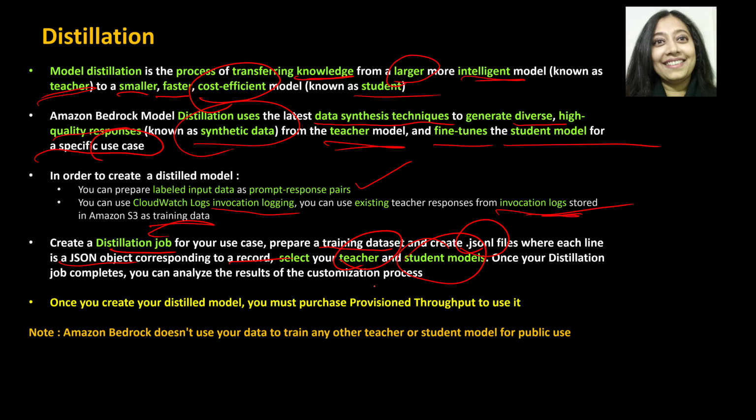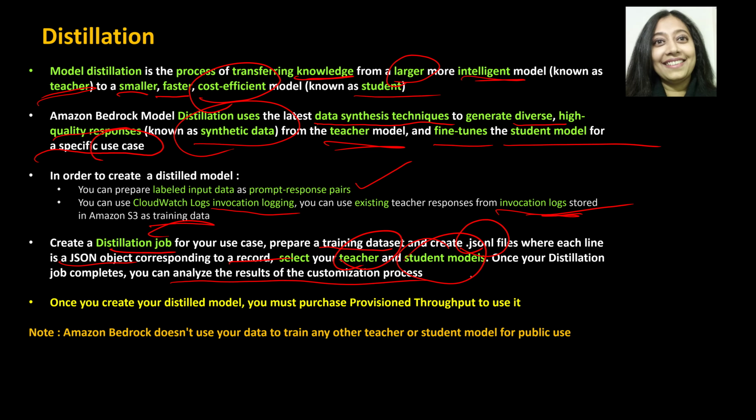Once your distillation job completes, you can analyze the results for your customization process. And remember, again, this is for a specific use case or a specific task. So your training data set has to be customized for that specific use case or that specific task.